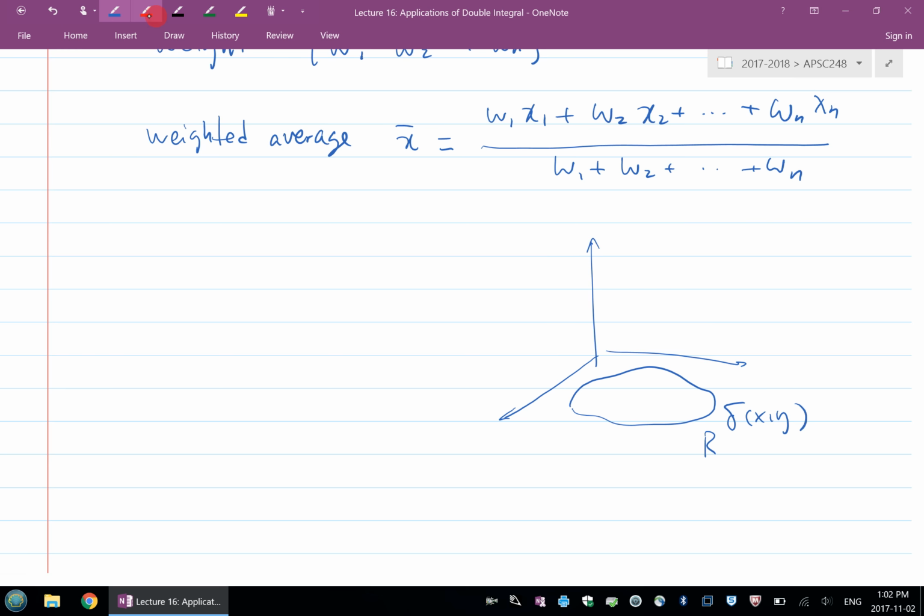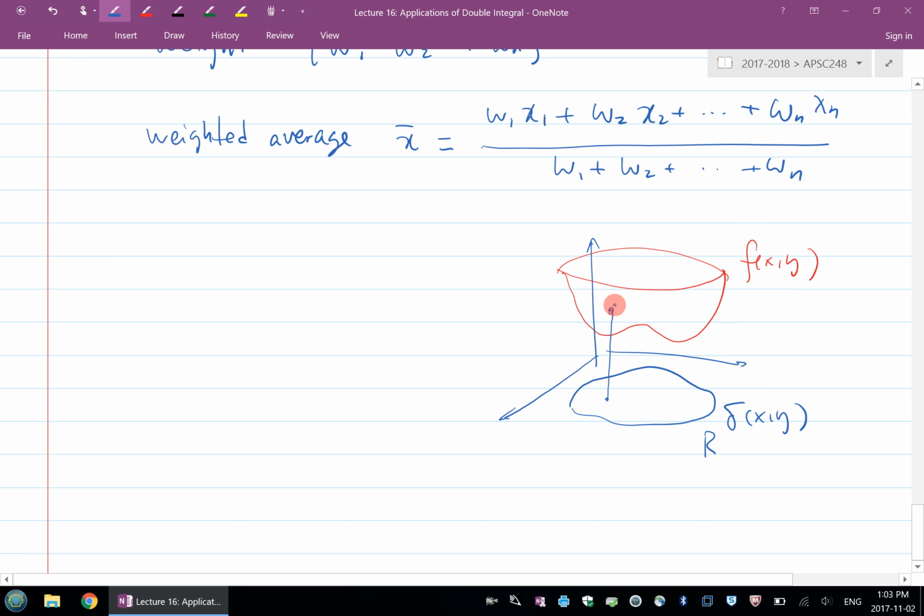At the same time, you have a function f of x, y. This function f of x, y is defined over the region R. So technically speaking, if you pick a point here, then you go up, and you have a value defined by this f of x, y.